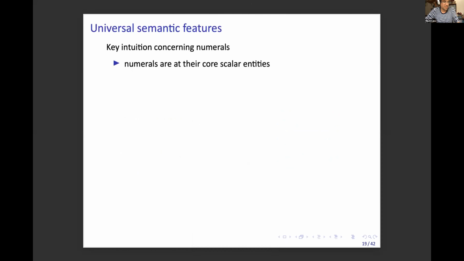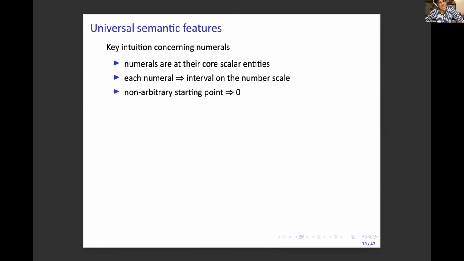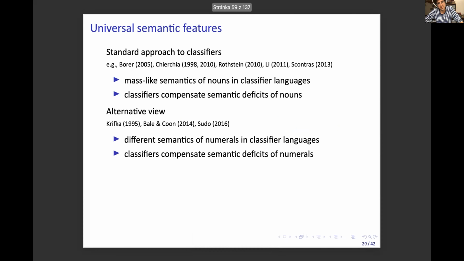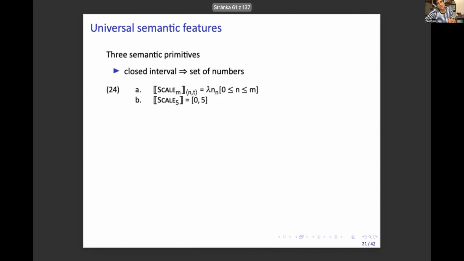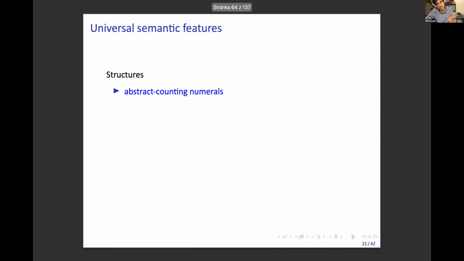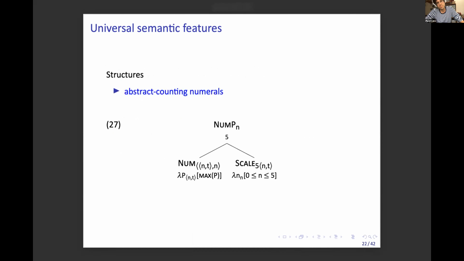Now, here I'll be missing Marcin very badly, because this is the semantic analysis that he is the main author of. The main analysis, I will go directly to the structures. So the main analysis that we are proposing is that at the core of each numeral, there is a scale.